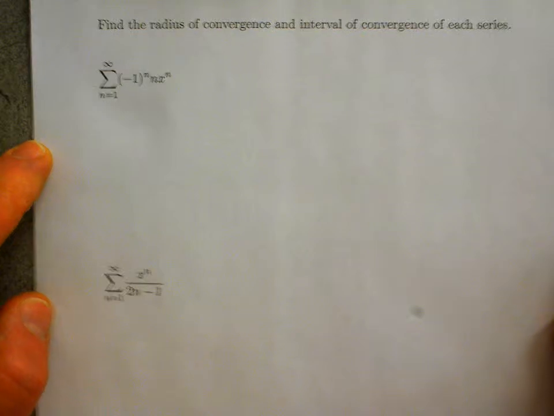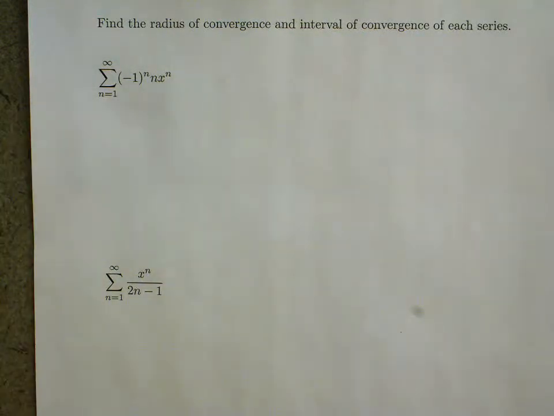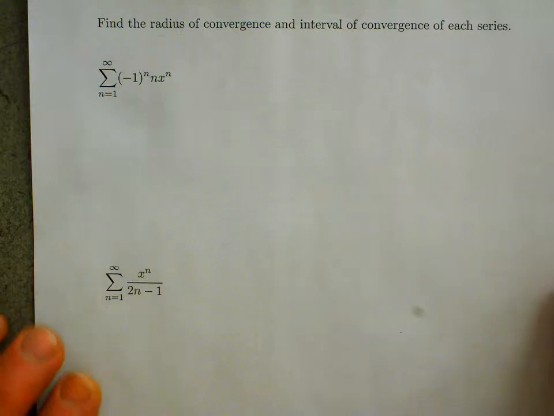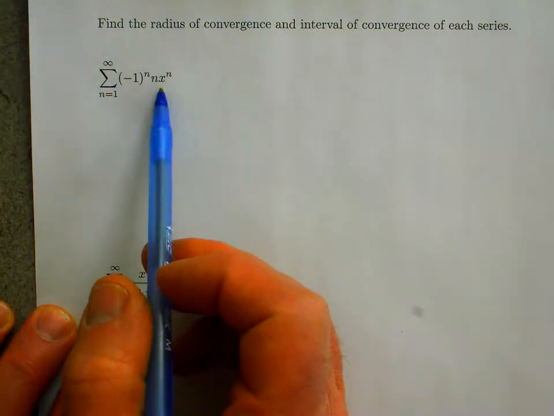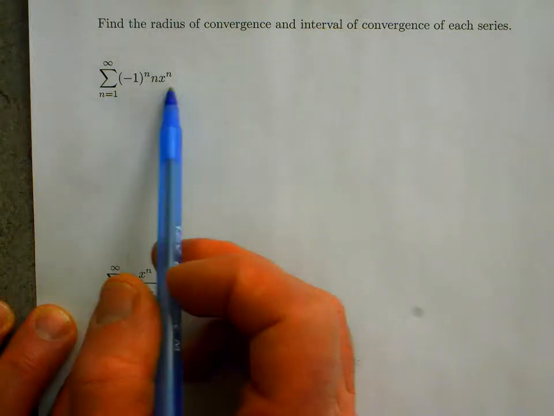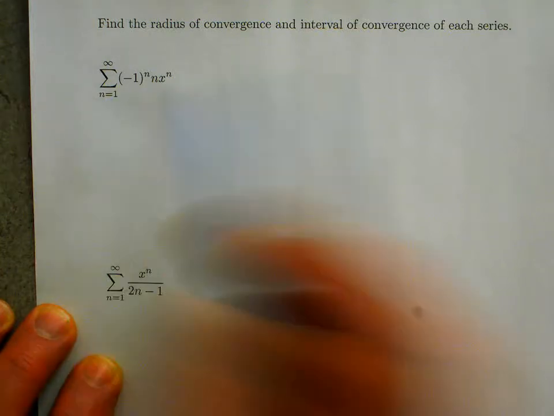Okay, so the directions: find the radius of convergence and interval of convergence of each series. So in other words, we want to find all of the values of x for which this infinite series is convergent.